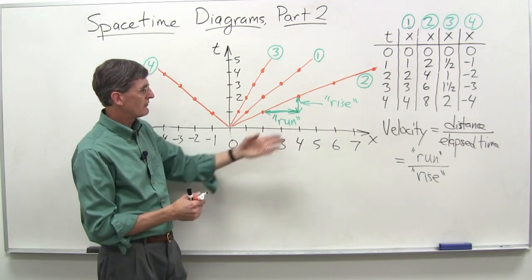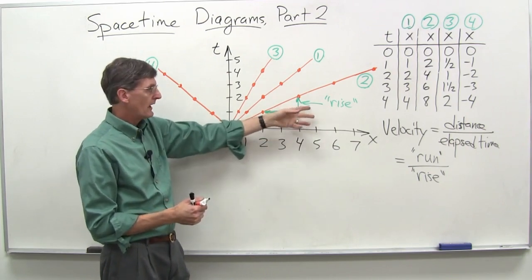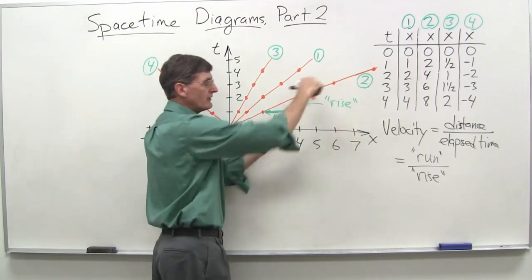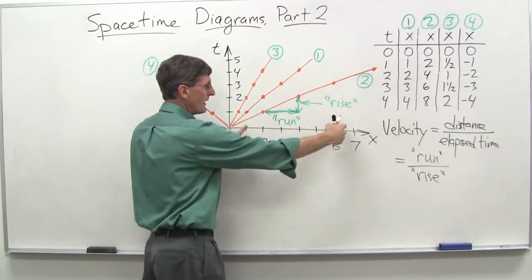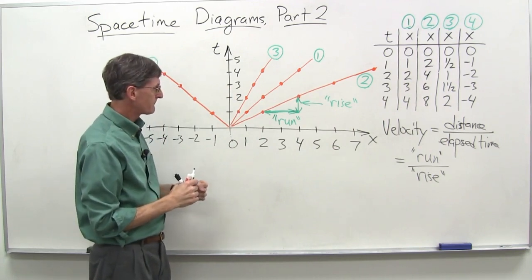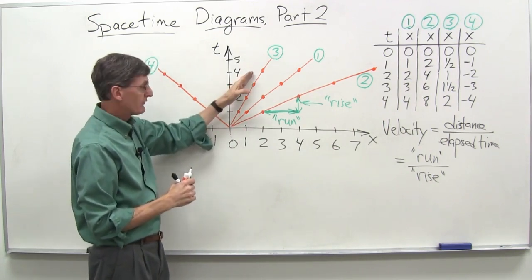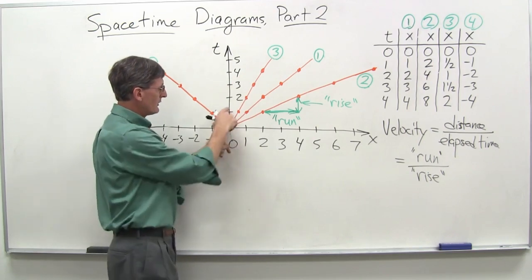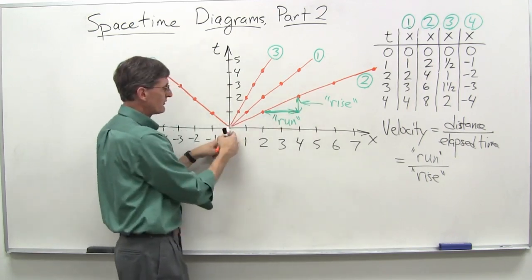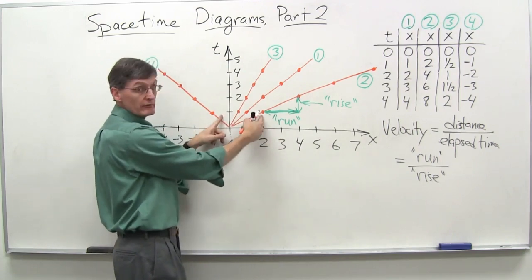So clearly we can see number 2 has a higher velocity because you're getting more run for a given amount of rise. You're covering more ground for each second. And number 3 has the least amount because in 1 second you're only going half a meter, whereas for number 2, in 1 second you're going 2 meters.